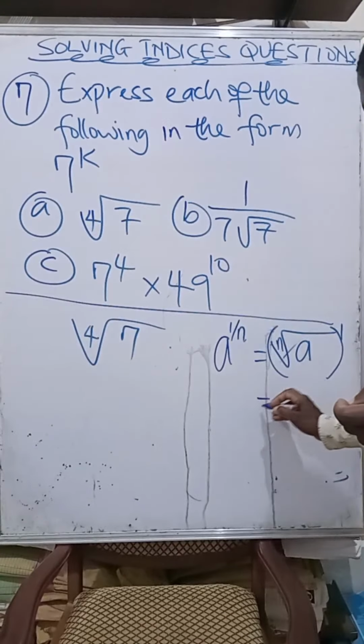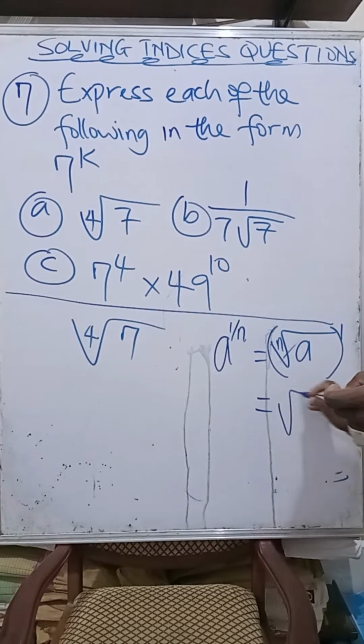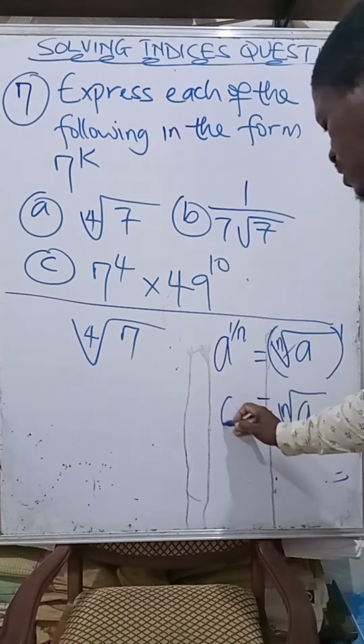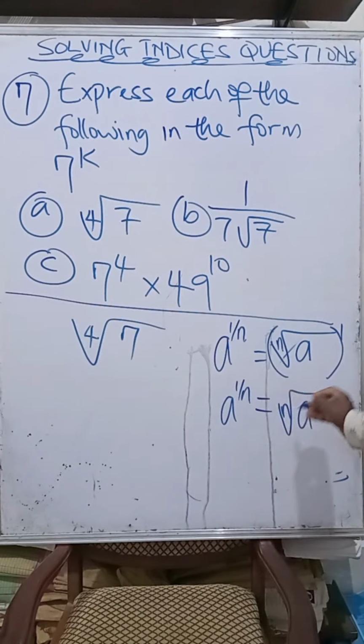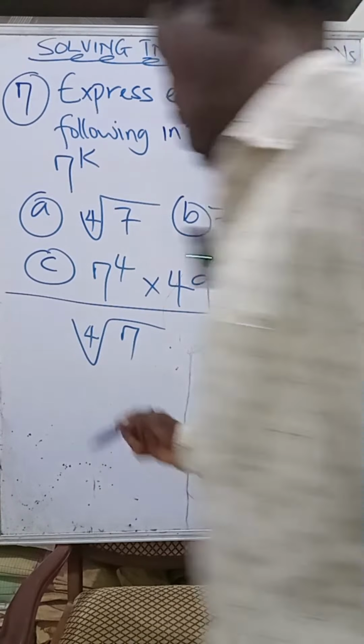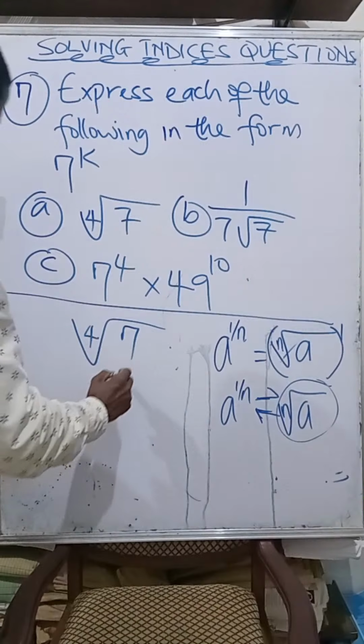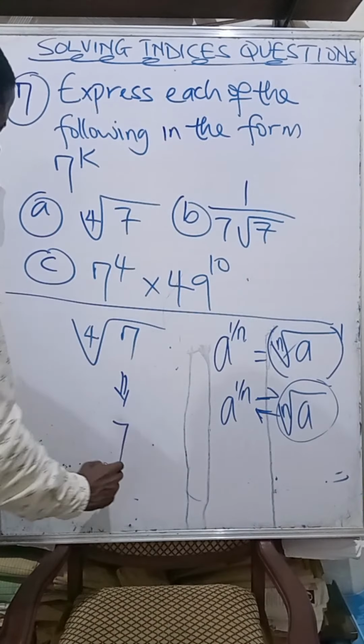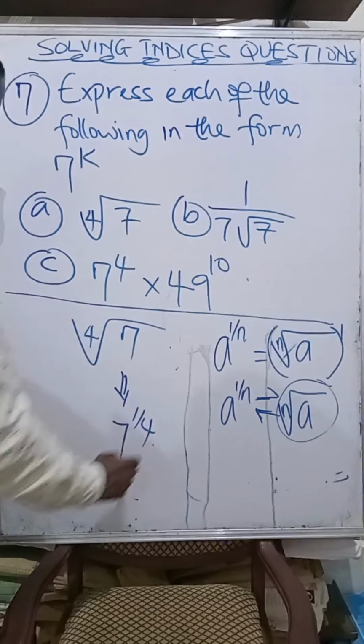This is the same thing as this one, and this equation works vice versa. If you have something like this, you can also write it in this form. So without much ado, this one will be equal to 7 to the power 1 over 4.